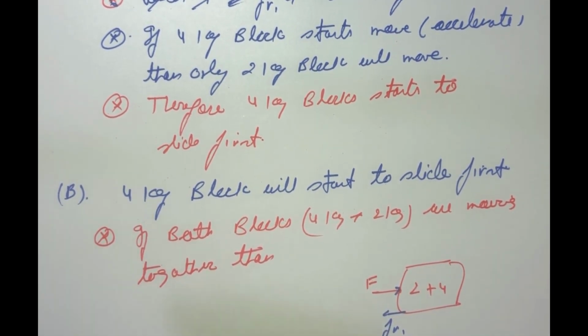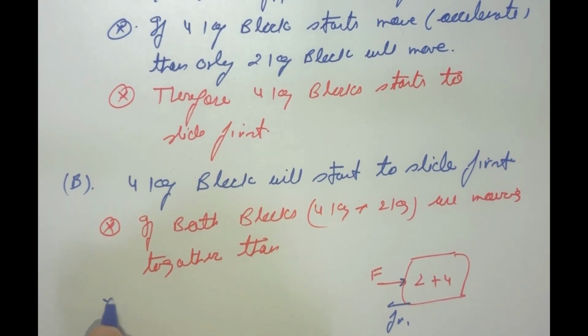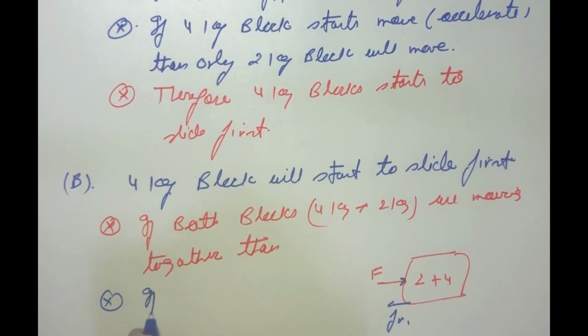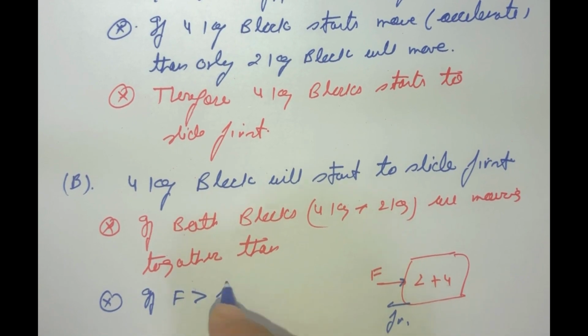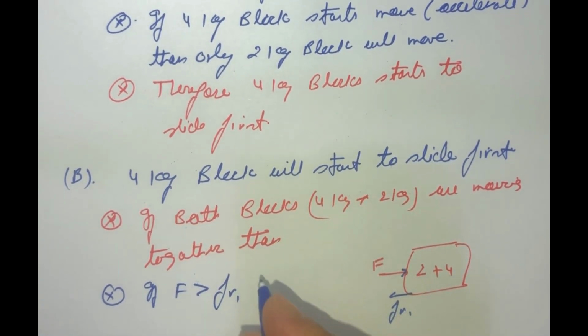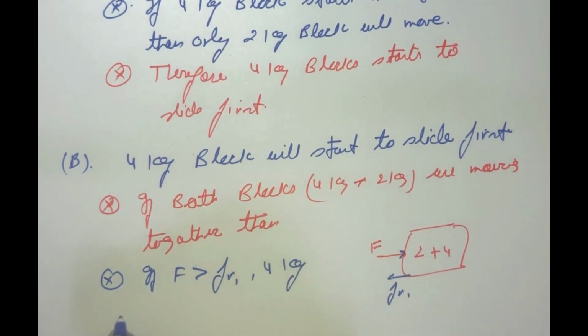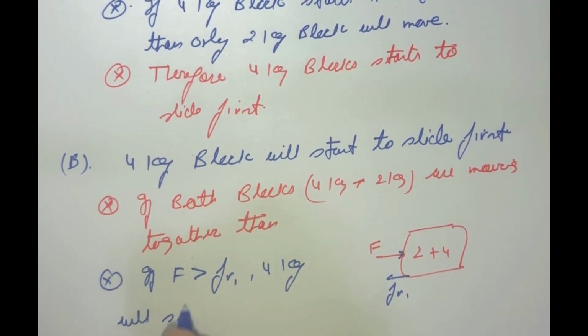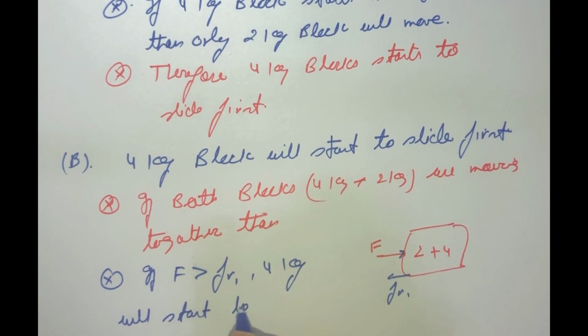You can say if F is greater than FR1, the 4 kg will start to slide.